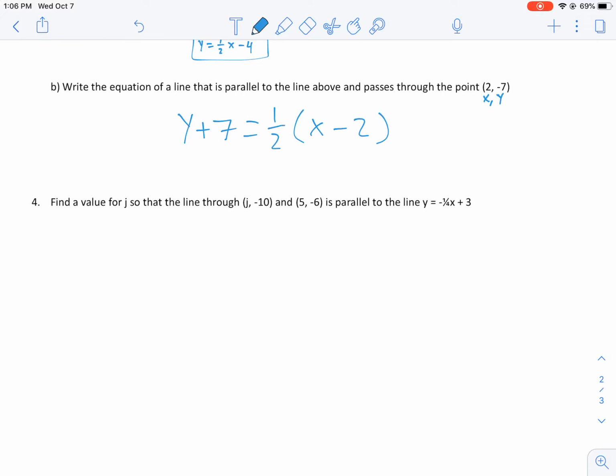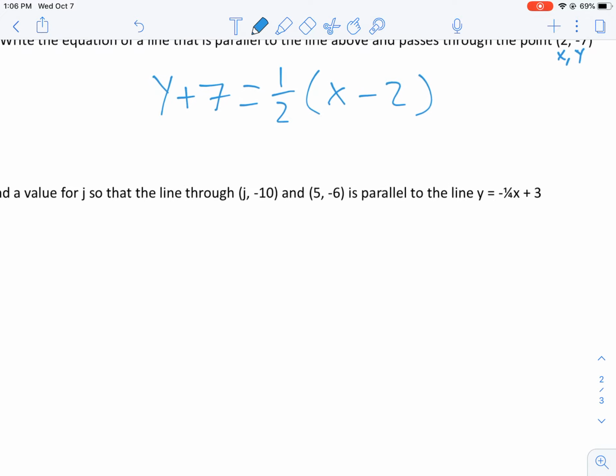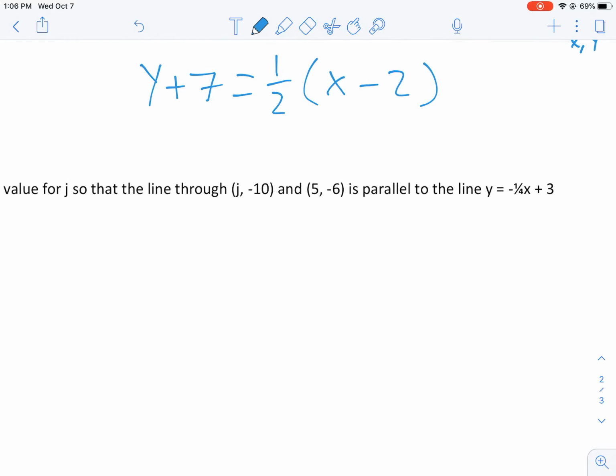Last question. All right. Find a value for j so that the line through j, -10 and 5, -6 is parallel to the line y equals -1/4 x plus 3. Okay, so if it's parallel to that line, we want our slope to be -1/4.